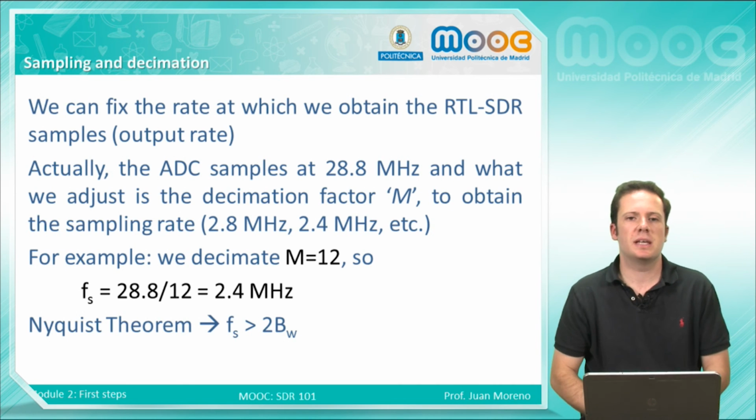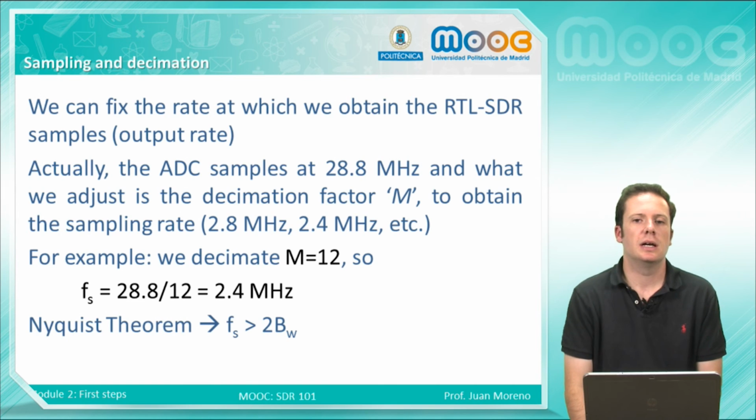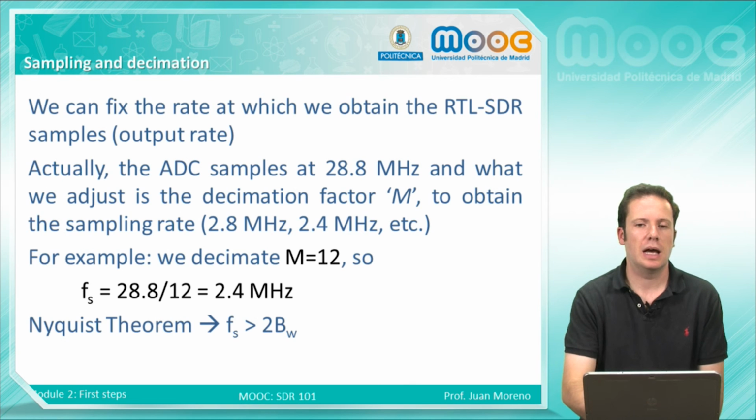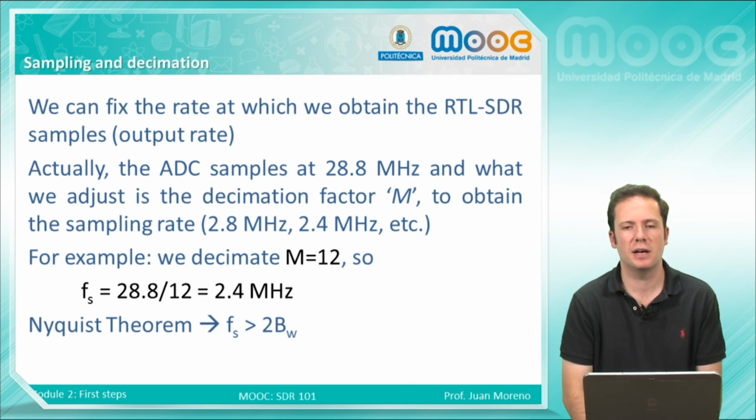Now let's go to the sampling and decimation. As we mentioned in the previous video, this is one of the parameters that we can choose. And we said that the maximum sampling frequency that we can have is 2.8 megahertz.